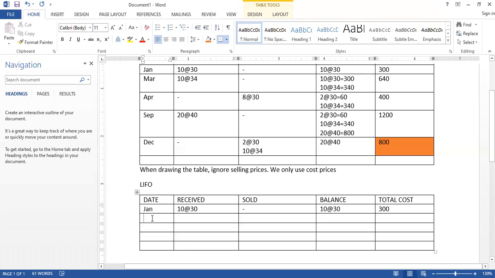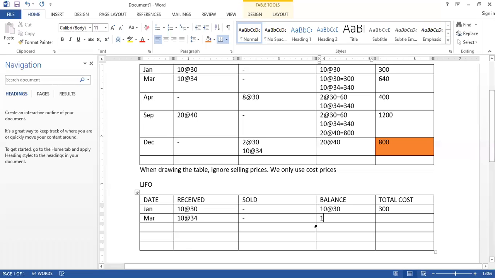And then the next month is March. So what did we do in March? We bought 10 items. I'm sorry, we bought, not sold. So we bought 10 items at the price of 34. We did not sell out anything, so it's zero. So what will be our new balance? The rule says bring down the balance from the previous month first.